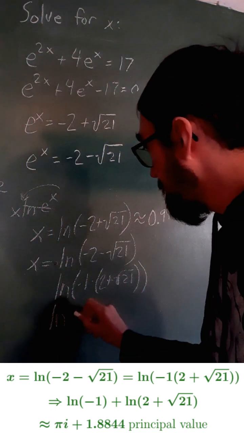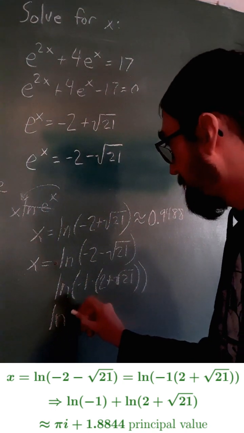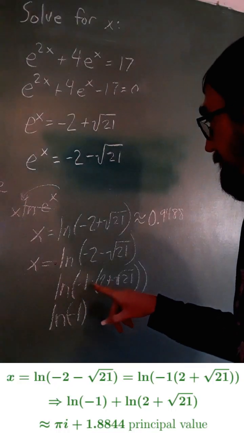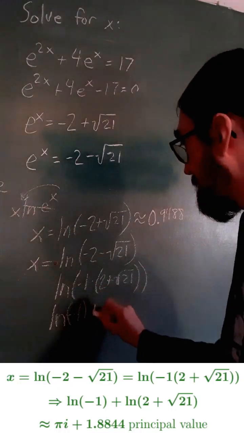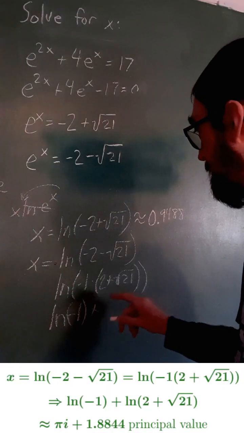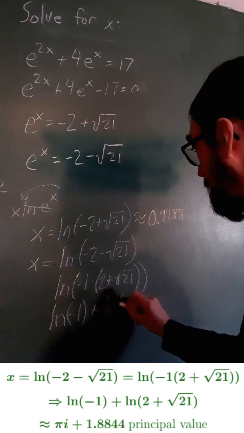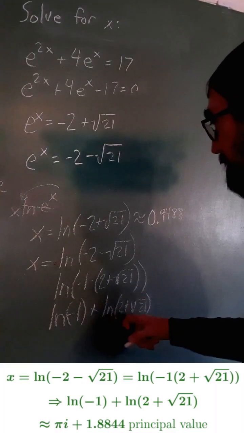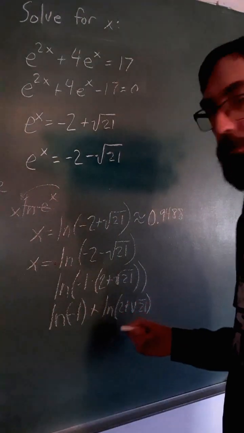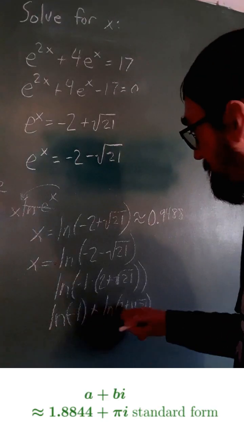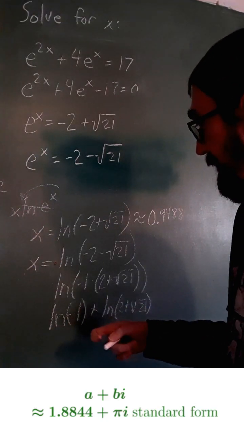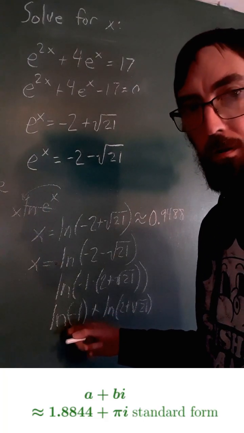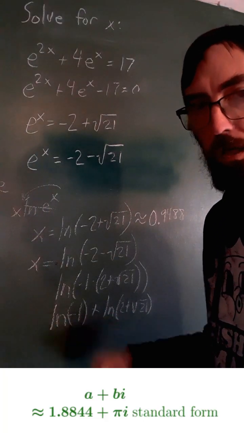The principal log of negative 1 is going to be pi i. And using the product property, I can say that this is plus the natural log of 2 plus the square root of 21, which will be the real component. In standard form for a complex number, this will be your a part, and then pi will be your b part, real, and times i.